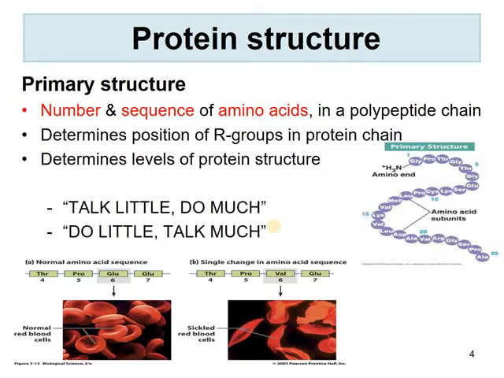So talk is one amino acid, little is one amino acid, do, and much. However, when you move the position of each of those words, what you end up with is a totally different meaning. So talk little, do much. Do little, talk much. Obviously it becomes a completely different meaning.